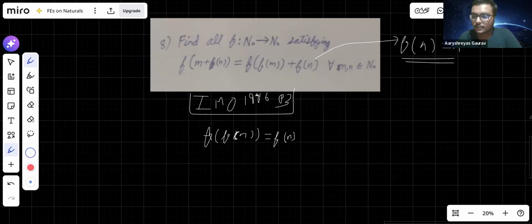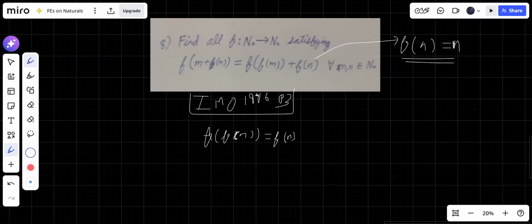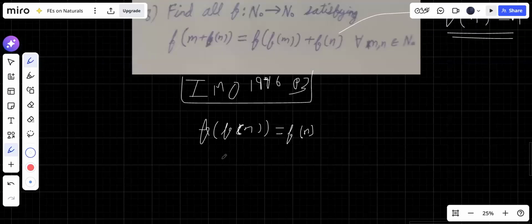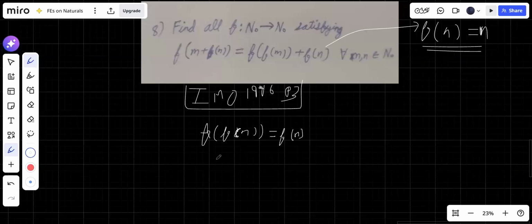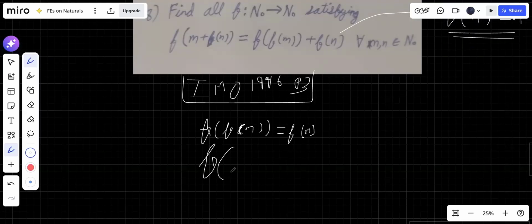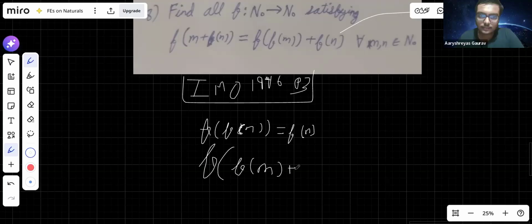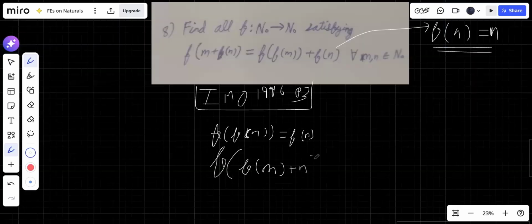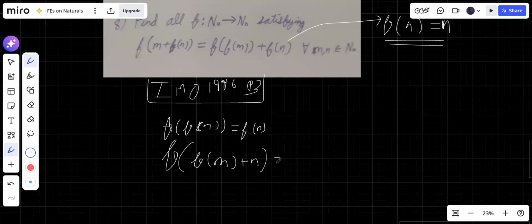Does anyone want to say anything? We are getting another thing: f of m plus f of n is equal to f of m plus f of n. Can you repeat? f of m plus f of n is equal to f of m plus f of n. No, that's f of m plus f of n.